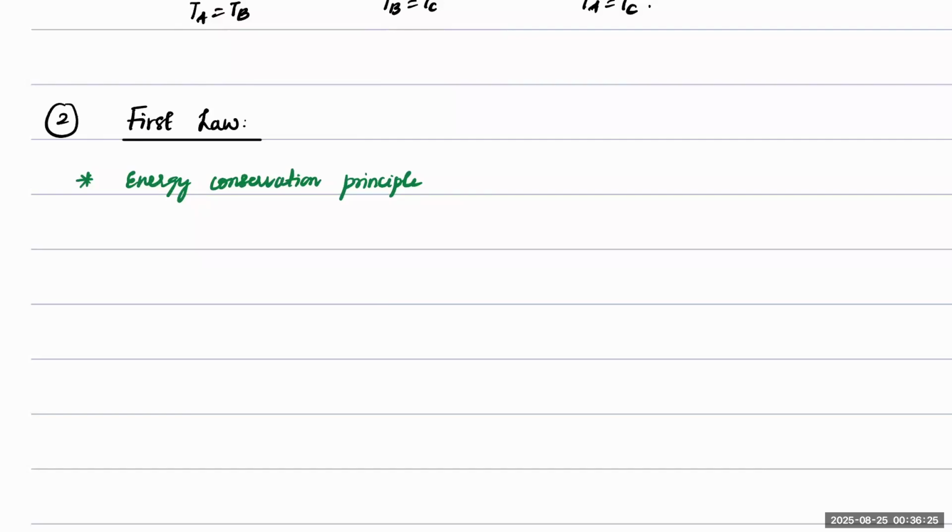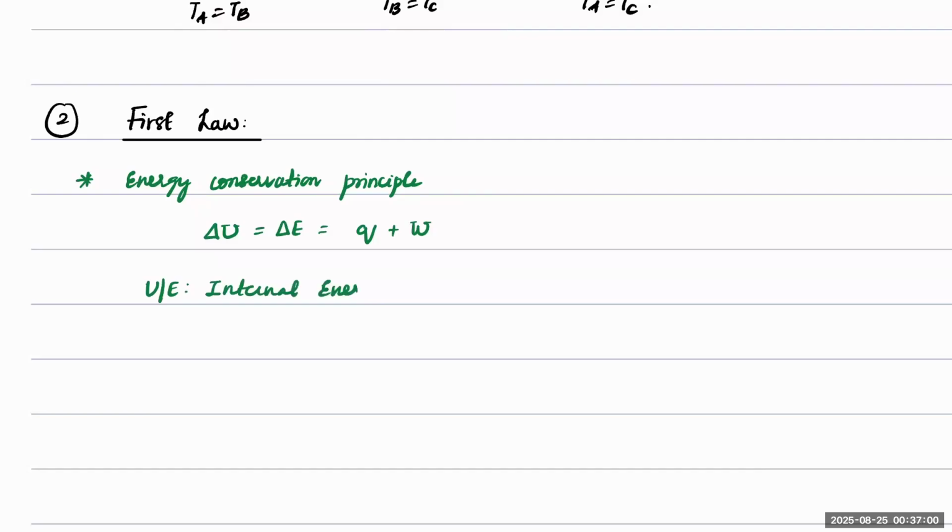So what we say is, any change that happens internally, which you call internal energy, in physics we use the terminology E, in chemistry we often use U, should be equal to heat exchange and work done. So here U or E represents internal energy.